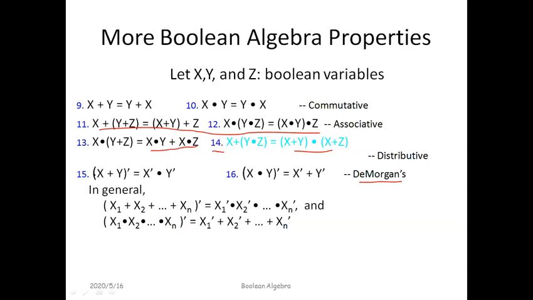Let's look at number 15. Let's write it down somewhere here. So we have x plus y, x plus y in brackets. Then outside the brackets there is this prime. That prime implies that everything is inverted.